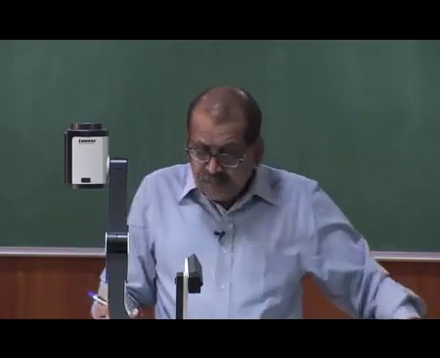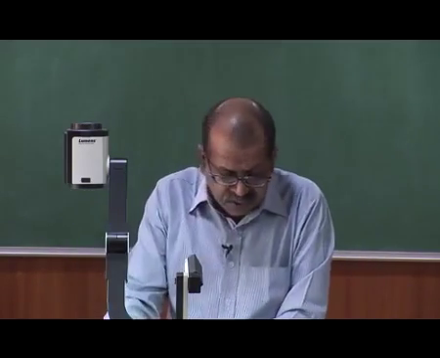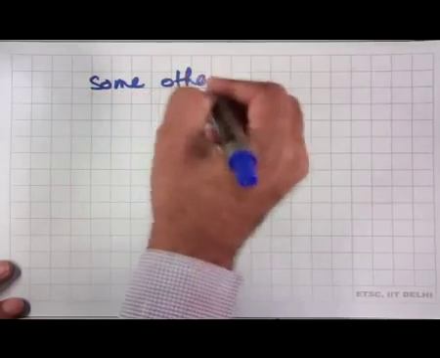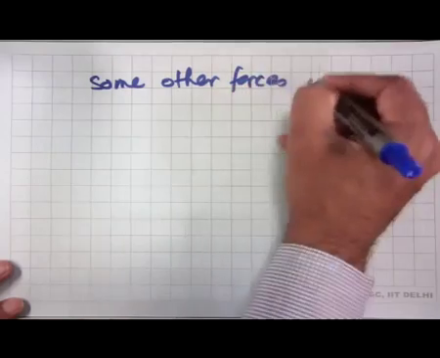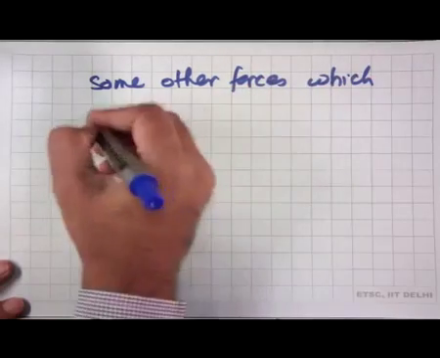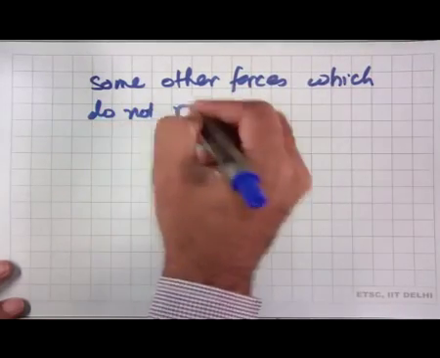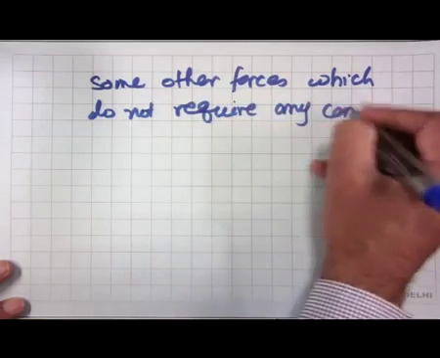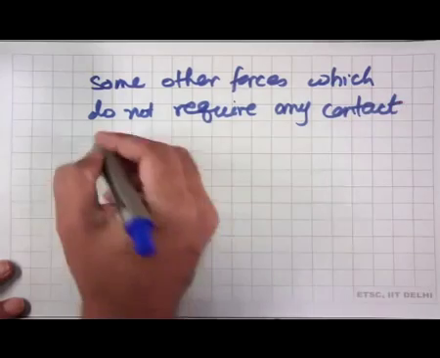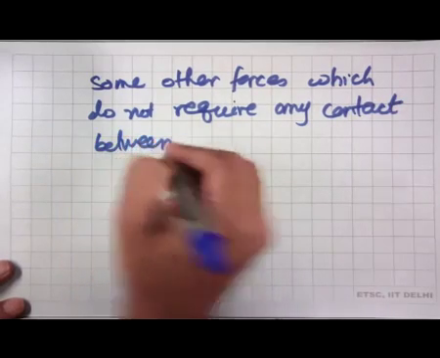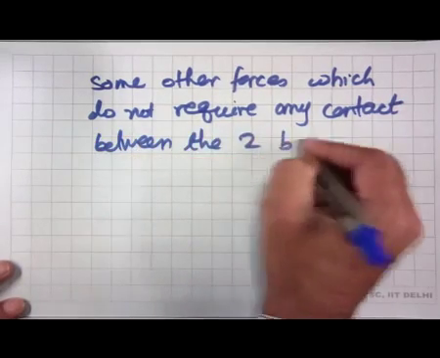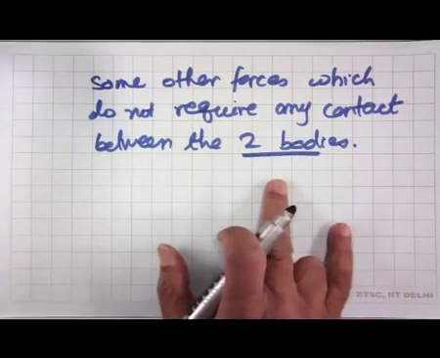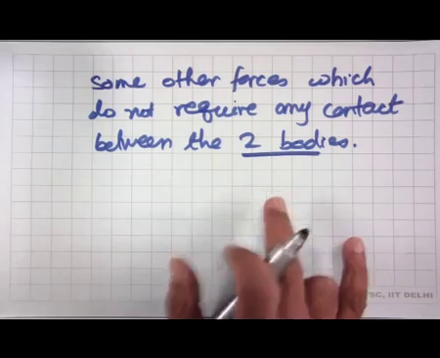But in addition to this, there are some other forces which do not require any contact between the two bodies. But once again we realize there have to be two bodies for these forces to occur.